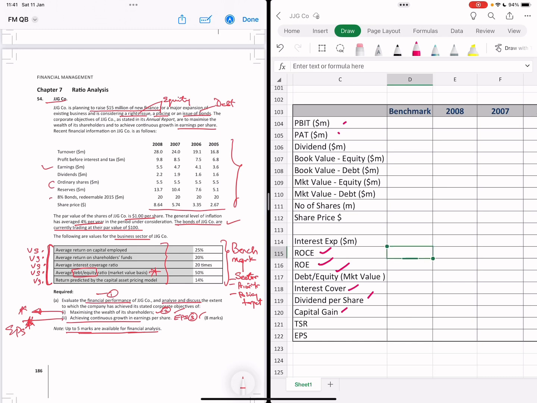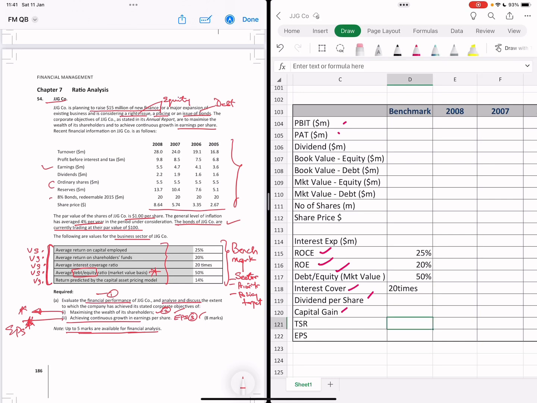Interest expense, we don't have a benchmark for that. ROCE benchmark is 25%. ROE benchmark is 20% in the industry. The market value debt equity ratio is 50%. Interest cover, yes, we have that: 20 times. Dividend per share, we don't have that.